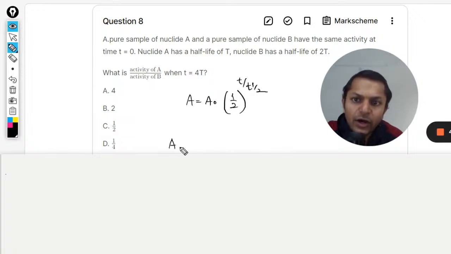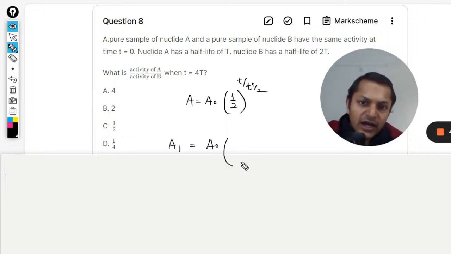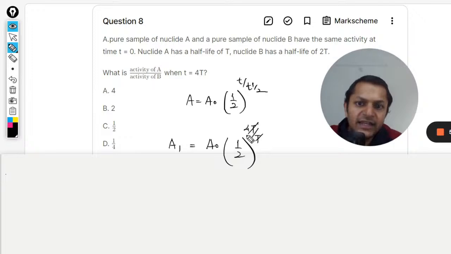Activity of A will be given by A naught. I am writing A naught because it is the same in both cases. Half raised to power 40, the total time we were talking about, and for this the half-life is t. So 40 divided by t becomes 4. So A naught divided by 2 raised to power 4, and 2 raised to power 4 is 16.